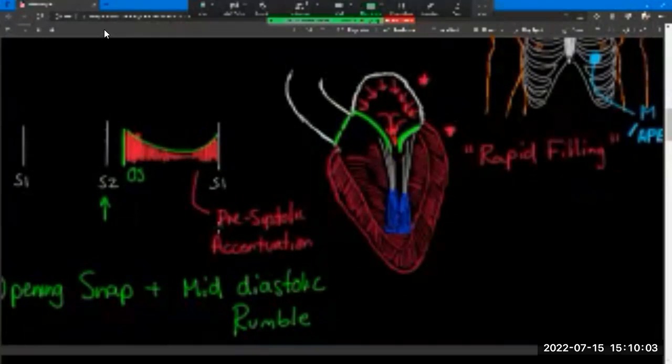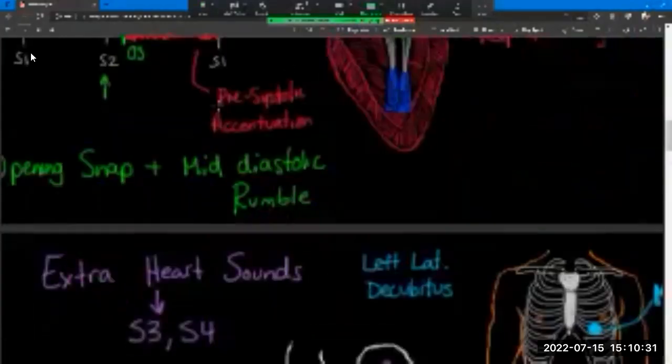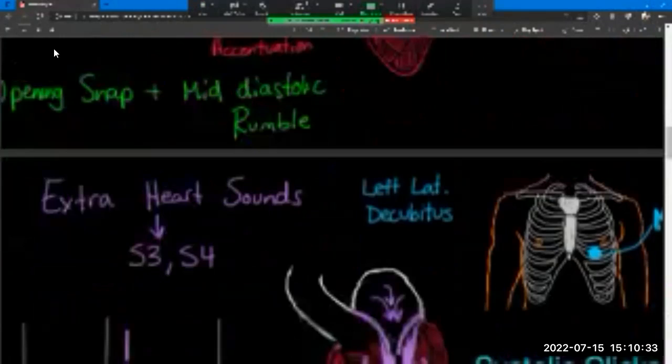And then the ventricle gives a little pump so that any leftover blood can come through. So we have the opening snap, the green thing. Then we have the rumble, the crescendo, and we have the presystolic accentuation, which gets bigger. That's the atrium contraction. So it's an opening snap and a mid diastolic rumble.